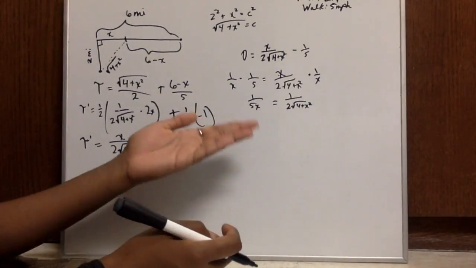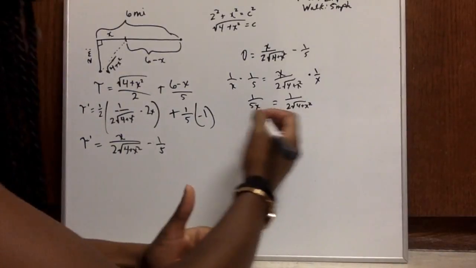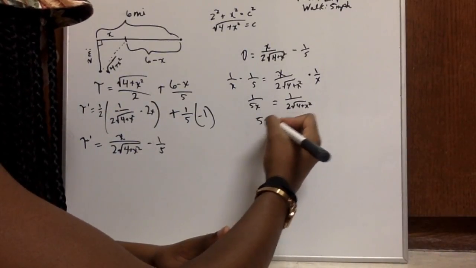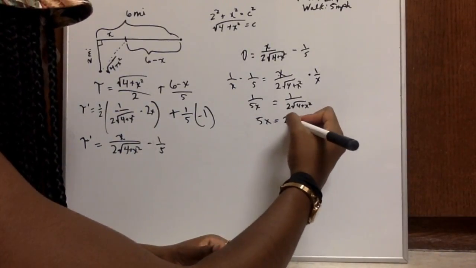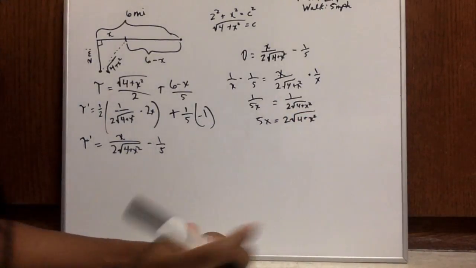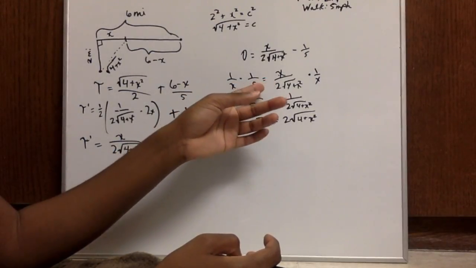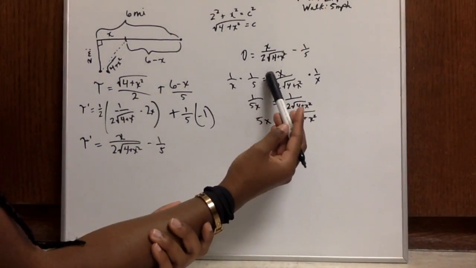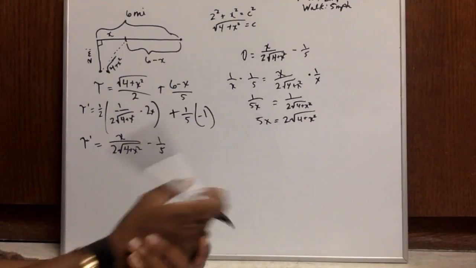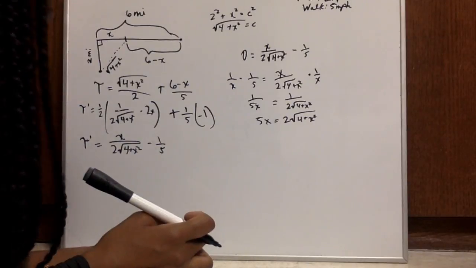Now here, since we have the reciprocal of both sides, we can just go ahead and reciprocate them. So now we'll just get 5x is going to be equal to 2 radical 4 plus x squared, which is the same thing we would have gotten if we would have just gone ahead and cross multiplied, making 5x equal to 2 radical 4 plus x squared.